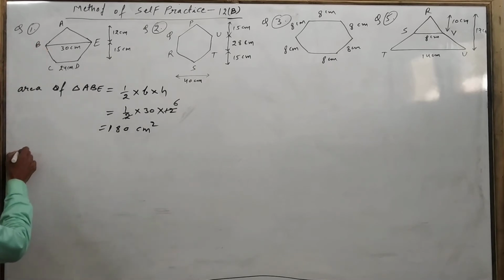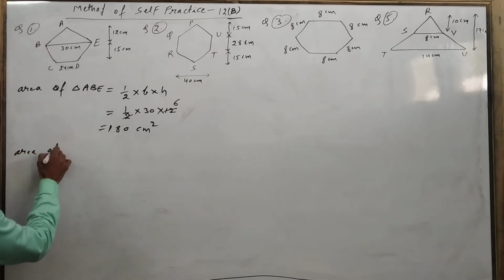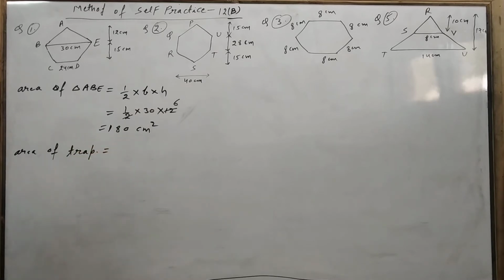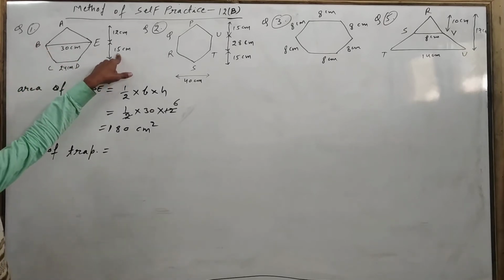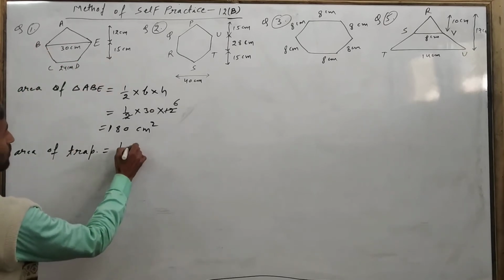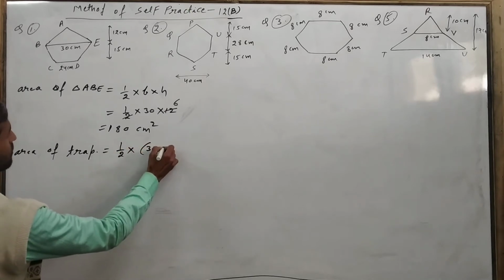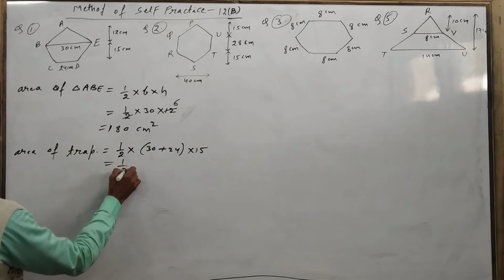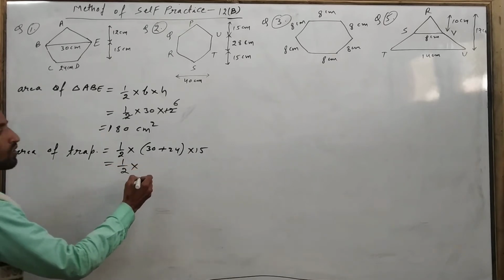Now we have to find the below part, means the area of trapezium. So we have to use the formula of area of trapezium. Area of trapezium formula is half into sum of parallel sides into height. So all are given here. Both are parallel sides, and height is 15. So half into sum of parallel sides, 30 plus 24, into 15. Half into 30 plus 24, how much will come?